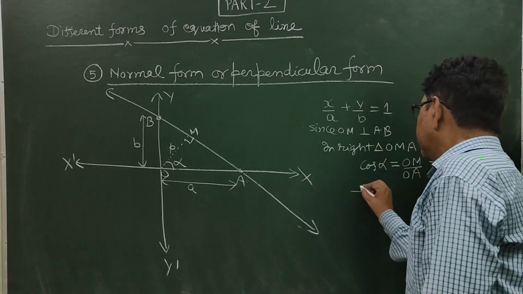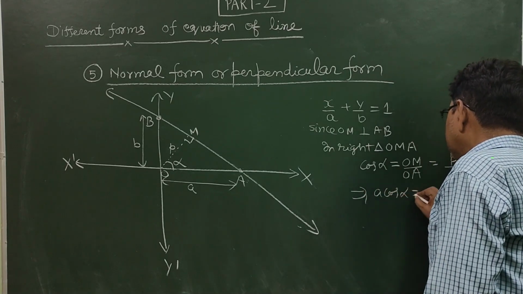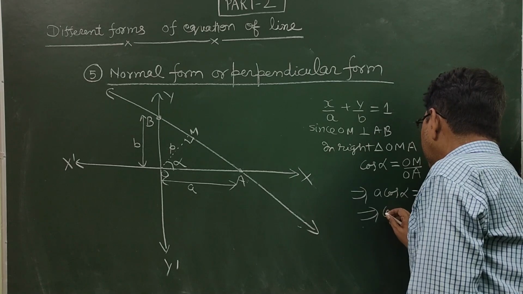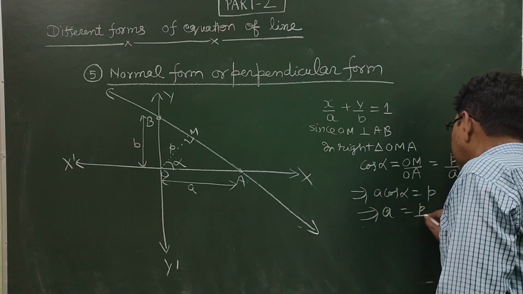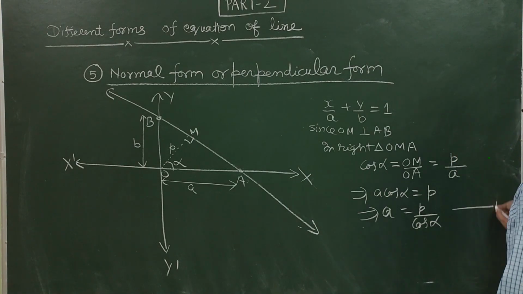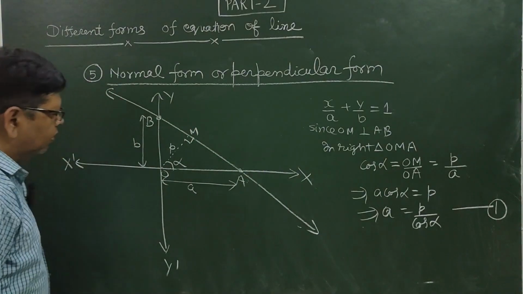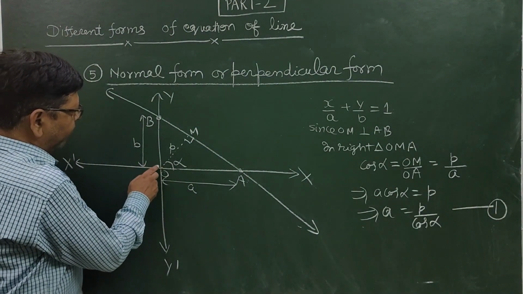So we can cross multiply here. a cos alpha is equal to p, or a is equal to p upon cos alpha. This is number 1. Now, how to find OB?